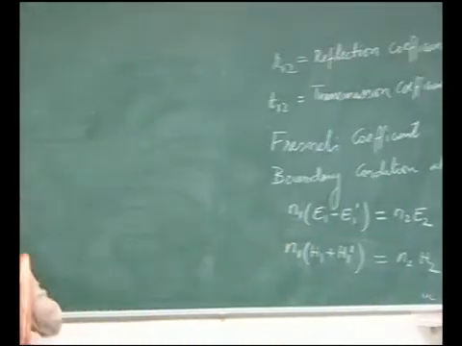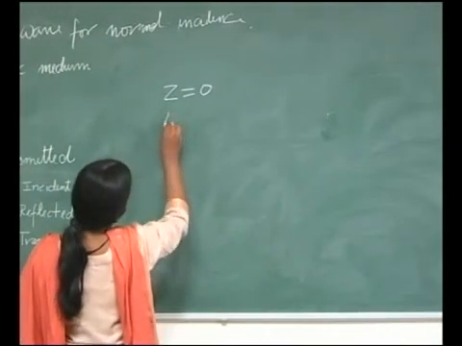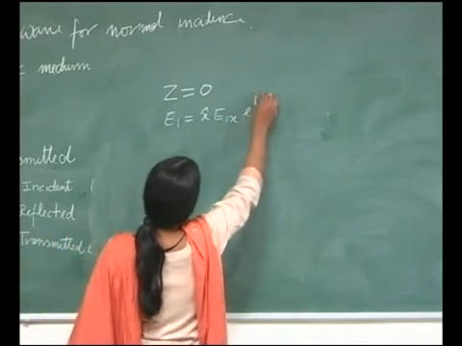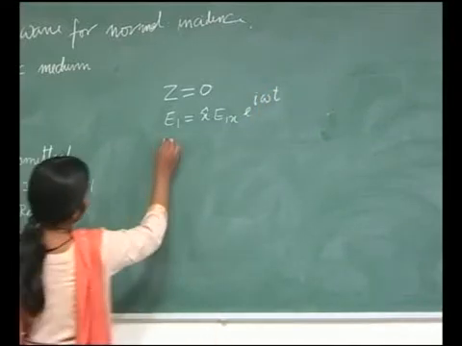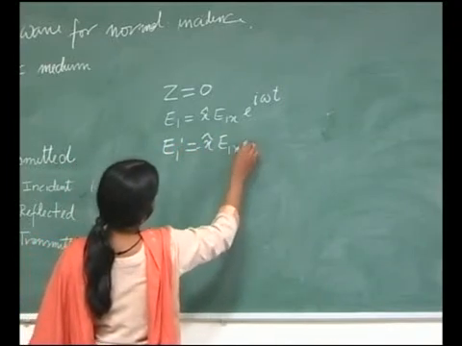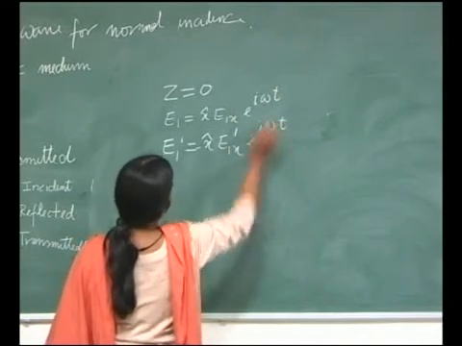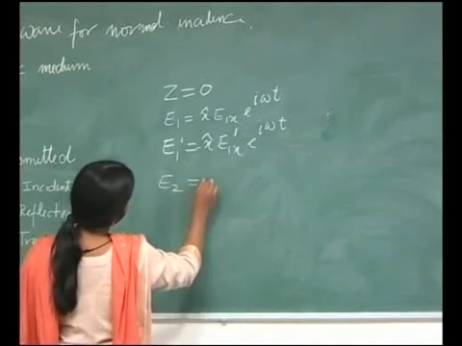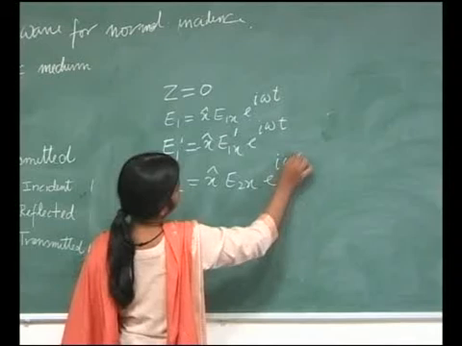Let us write that, because I feel that these equations are not correct. At Z is equal to 0, I will get E1 is equal to x cap E1x e to the power I omega t. At Z is equal to 0, E1 dash will be minus x cap E1x dash e to the power I omega t, and then I will have E2 is equal to x cap E2x e to the power I omega t.